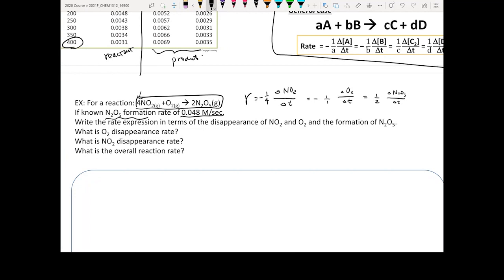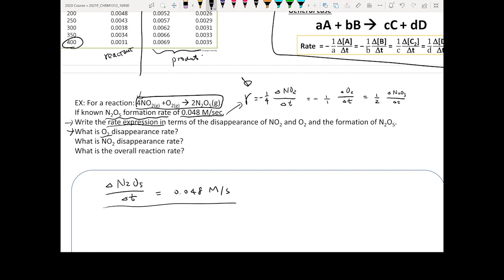So N2O5 formation rate is delta N2O5 over delta T. This is going to equal, right? From there, you know the things that you know. The things that you want to solve, first, of course, is to write the rate expression, which is this guy. We already finished that, right?